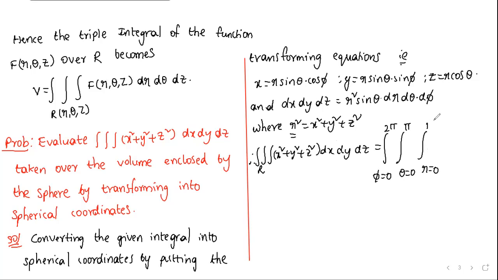This is the unit radius. That is equal to r square into r square sin theta into dr d theta d phi.